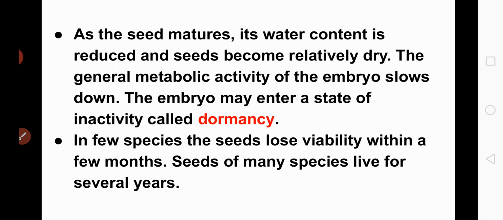For example, a 2000 year old viable seed of the date palm was discovered during archaeological excavation at King Herod's palace near the Dead Sea. So these are about the concept of dormancy.